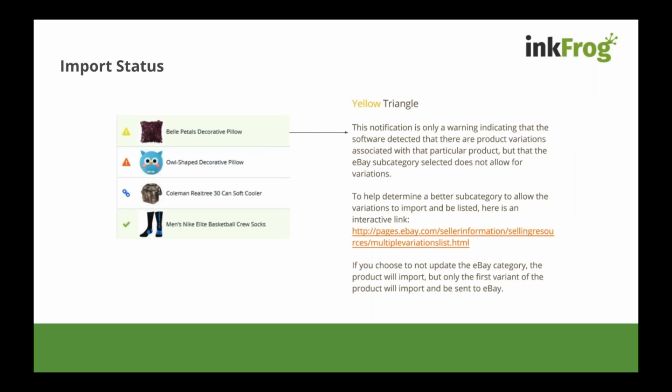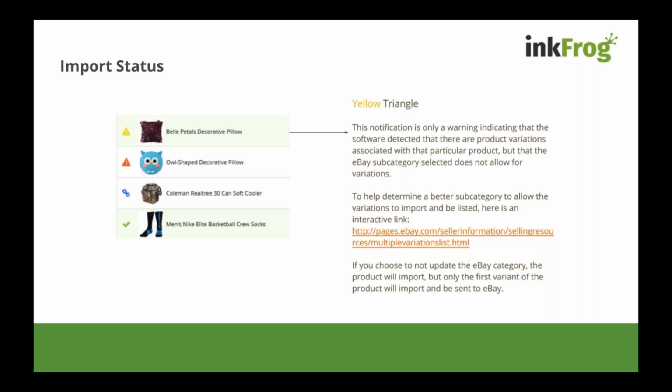Any items that show a yellow triangle, what that means is that the eBay categories and subcategories that were selected for that particular product are not ones that eBay supports for multiple variations within a listing. Basically, for those categories, eBay doesn't support a multi-SKU fixed price listing. They only accept fixed price, not multi-SKU.